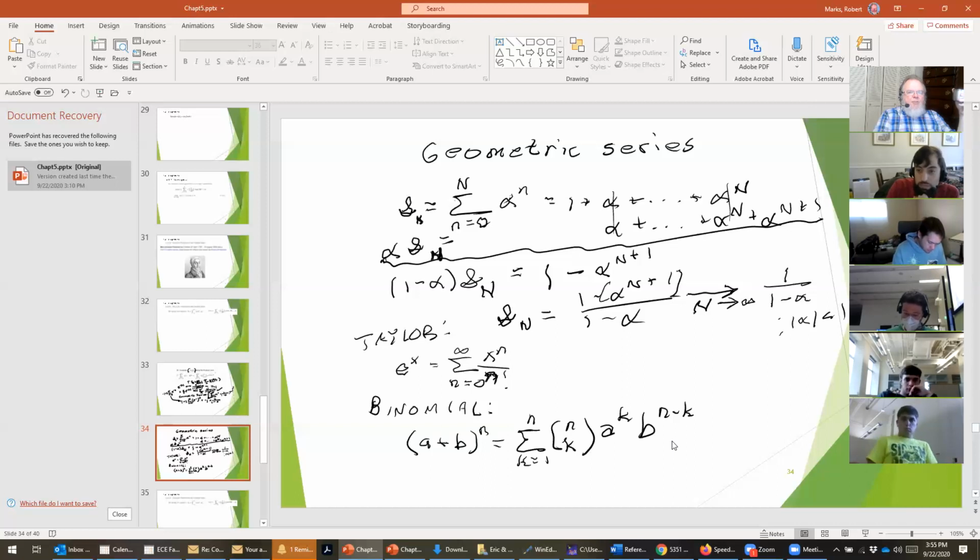Ever seen that expansion before? Who knows what n choose k is? Now that you say it that way, now that you read it, I think you know what it means. Okay, so this is better referred to as n choose k.